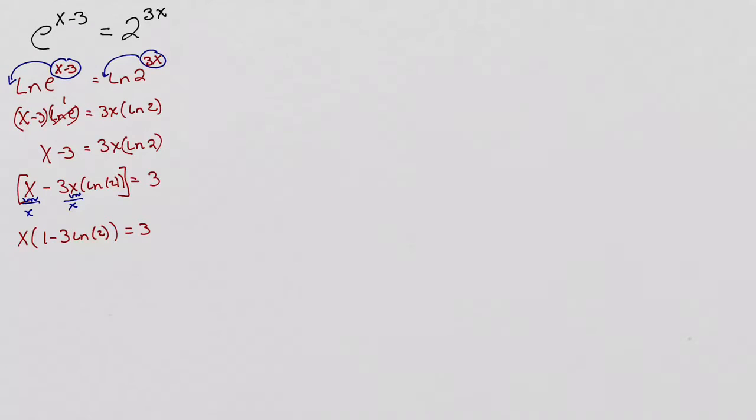From here, this is just x times all of this number. Even though it looks horrible, it's just a number. So we're just going to divide by it. So we're going to get x equals 3 divided by 1 minus 3 ln 2.